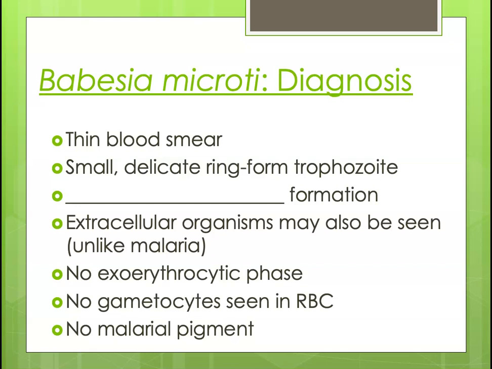It's also called a Maltese cross formation, where four trophs come together in a cross shape. Extracellular organisms may also be seen, and this is unlike malaria. And also unlike malaria, there is no exoerythrocytic phase. There are no gametocytes seen in the RBCs, and there's no malarial pigment.